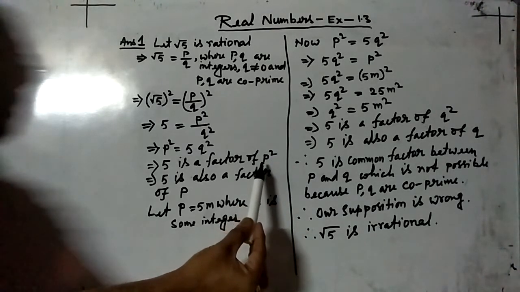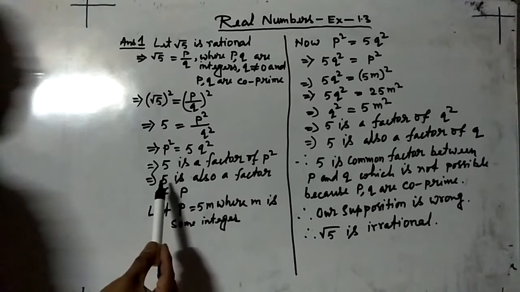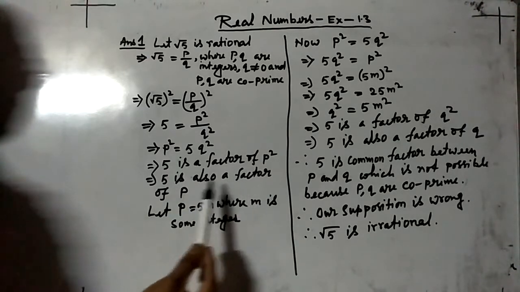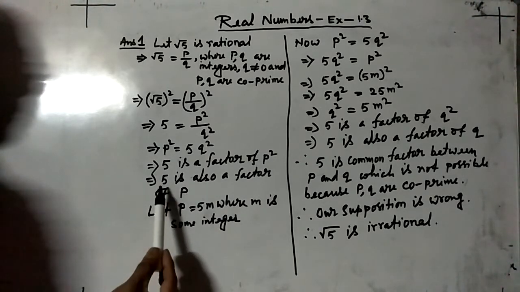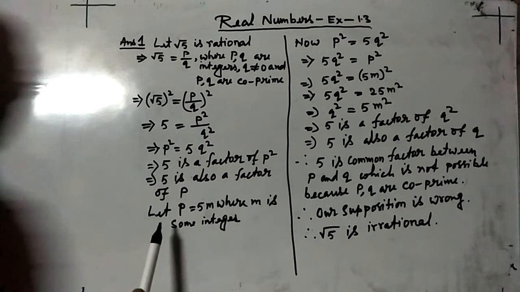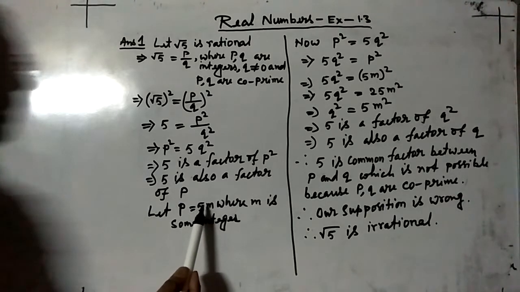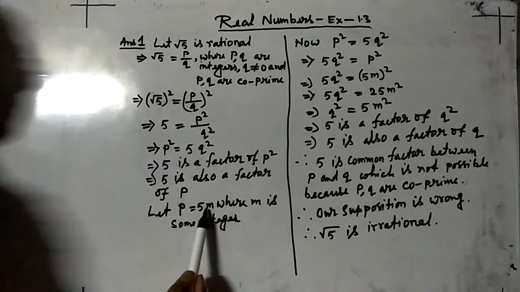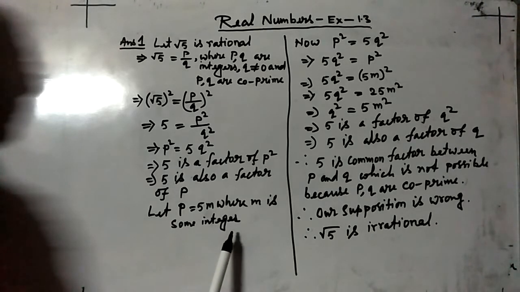We know that in case of a perfect square number, we always get factors pairwise. So 5 is also a factor of p. If 5 is a factor of p, then we can write p as 5 into some number, considered as m. So p equals 5m, where m is some integer, right?